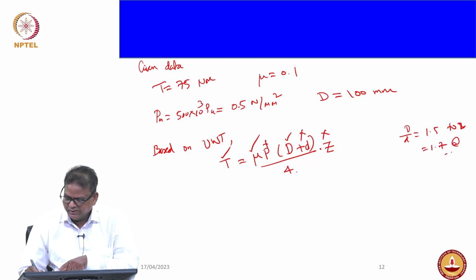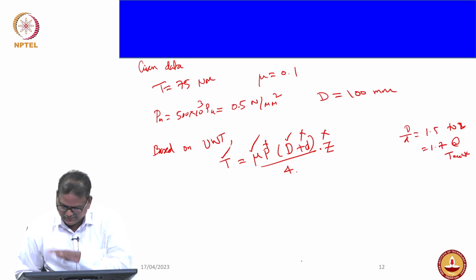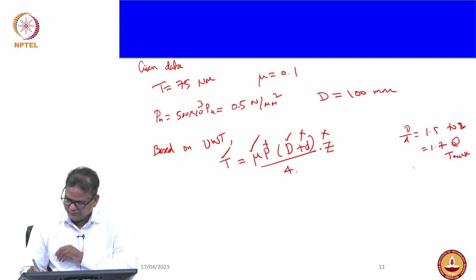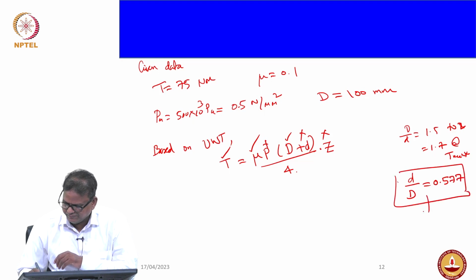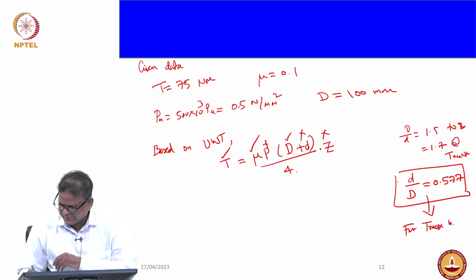At maximum torque, d by D will be exactly 0.577. This is the relationship we are going to use for the maximum torque condition.